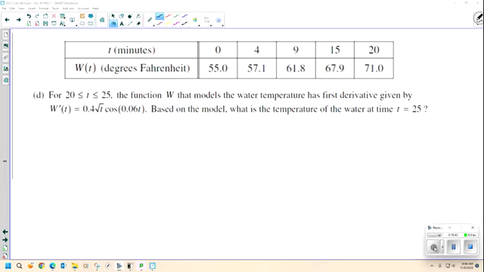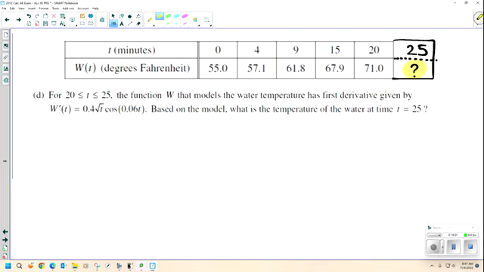Basically, at time 25, what is this temperature? So we want to find out what value would be right here.